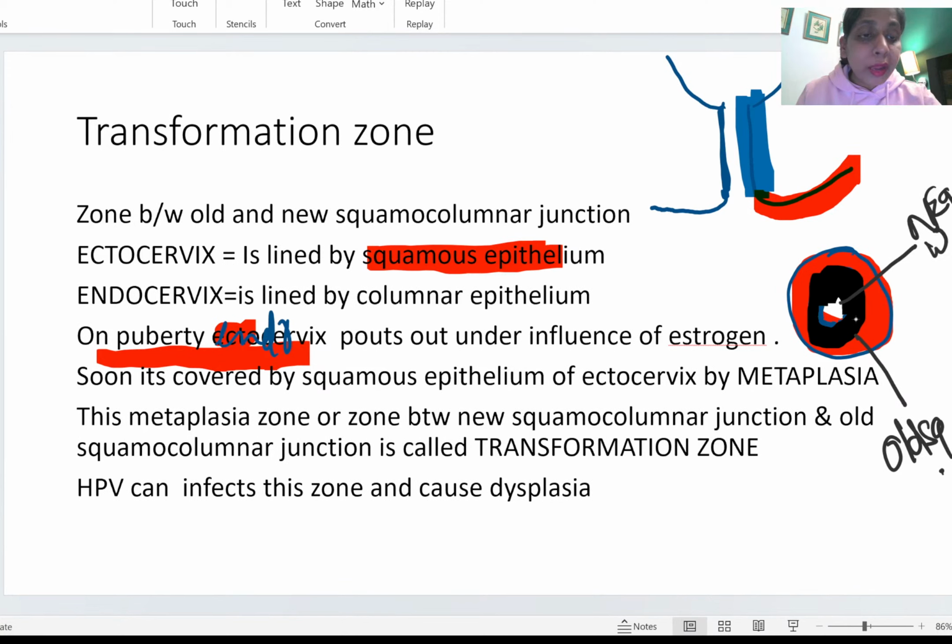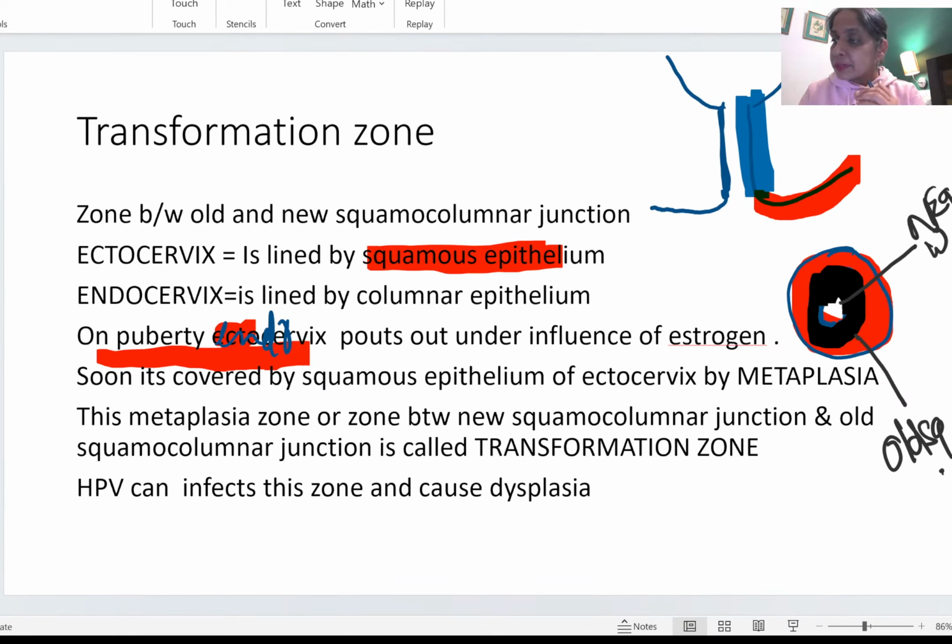The area between the old squamocolumnar junction and the new squamocolumnar junction is known as the transformation zone, and it contains the metaplastic epithelium.